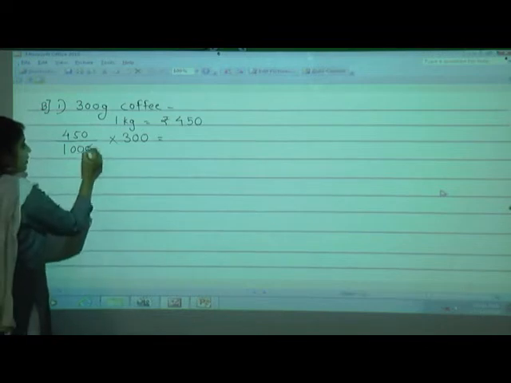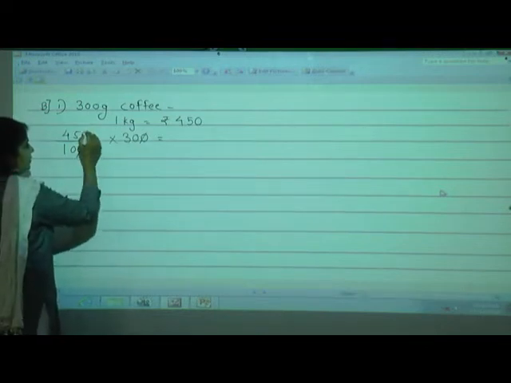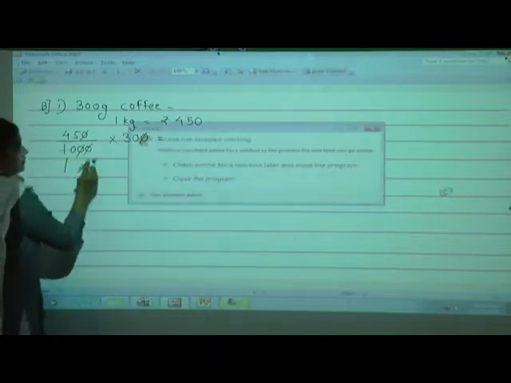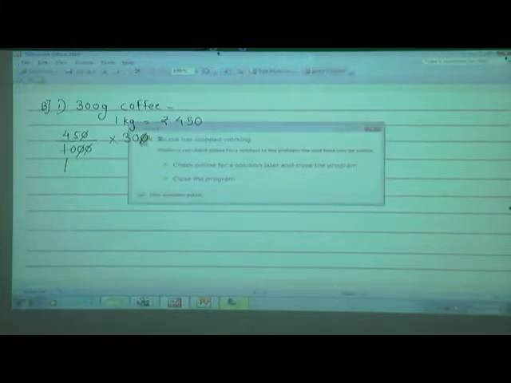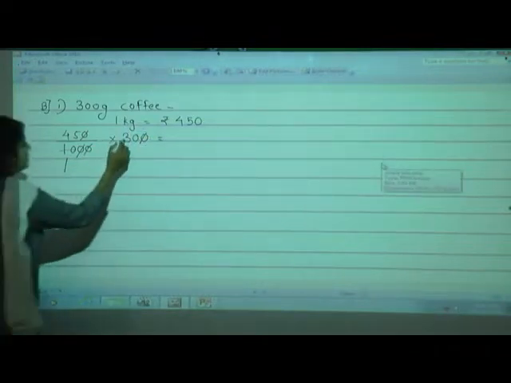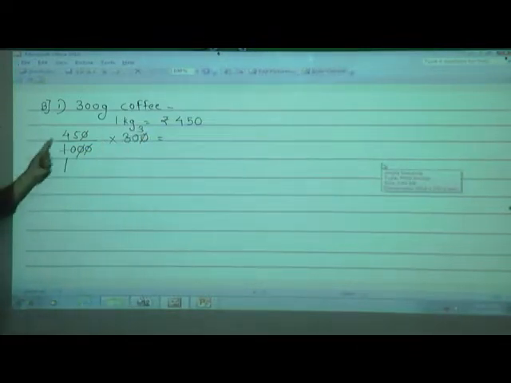Here I can cancel it. Now 10 ones are 10. 10 threes are 30. So now 45 multiplied by 3, how much? Yes, students, 45 multiplied by 3. Do the multiplication.